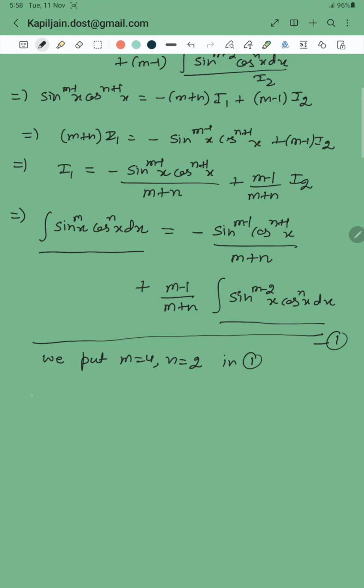We get sine raised to power 4x into cos square x, which is equal to minus sine raised to power 3x cos raised to power 3x divided by 6 plus 4 minus 1 by 6 into integral sine square x into cos square x dx.